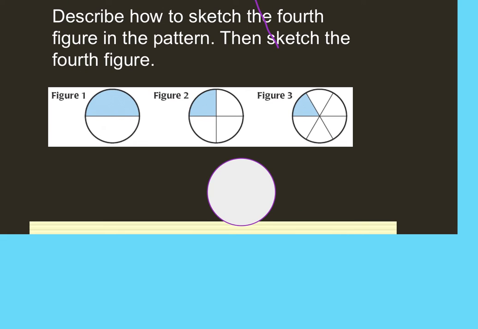So if I took that diagram and I just divided it, so it was like this, rough sketch, okay? But I'm going to divide each of these parts. Again, everything gets cut in half. So I'm adding more lines.